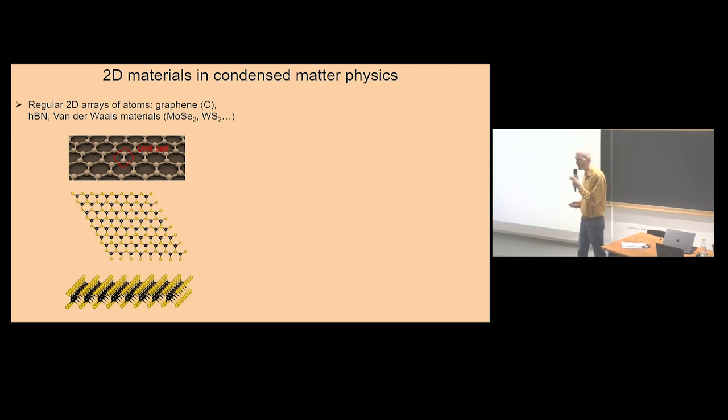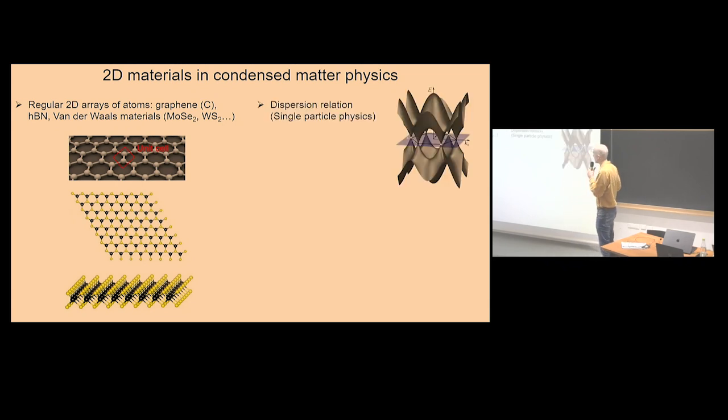Most of the properties of these materials can be related to their band dispersion. Due to the hybridization of all these atoms and their coupling together, they form energy bands. So for instance, for a graphene lattice, you have 2 atoms per unit cell, so you will end up with 2 energy bands.